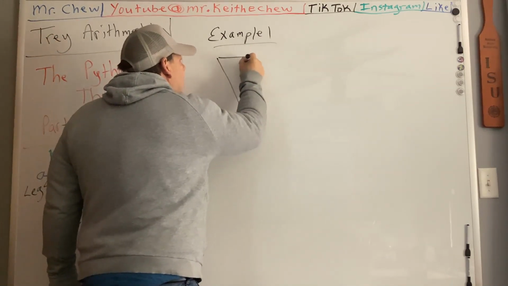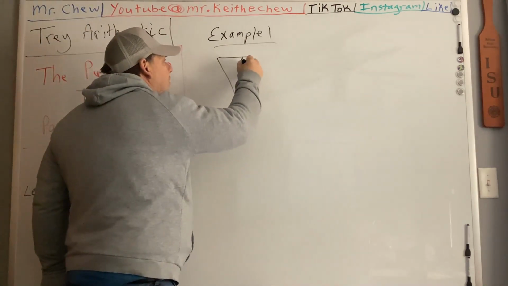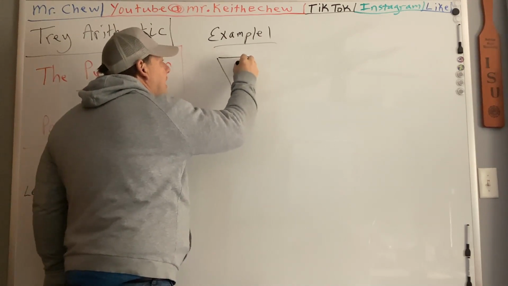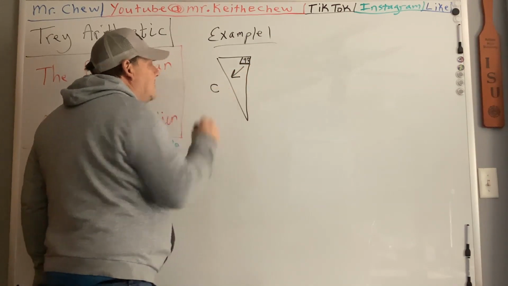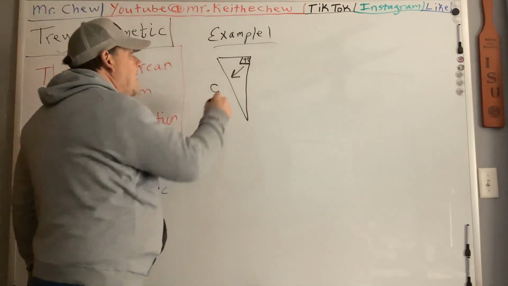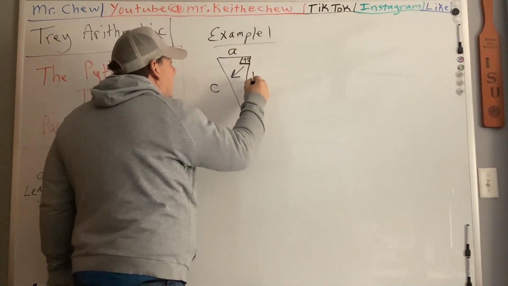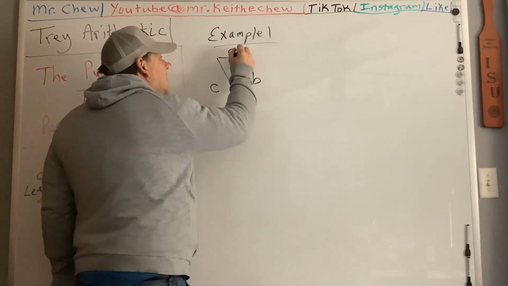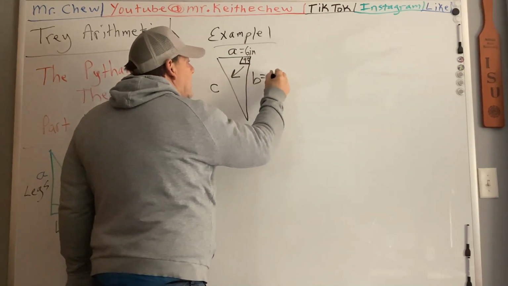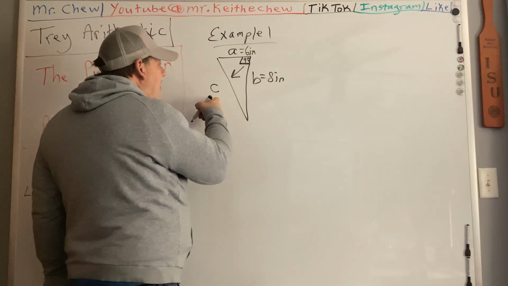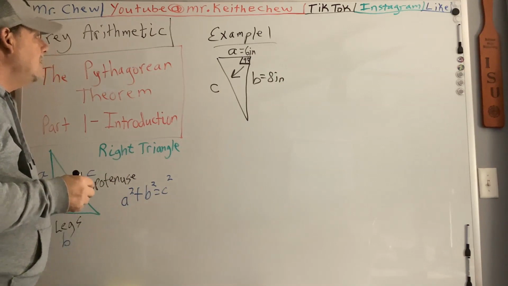Remember that the right triangle is designated with that little square, the angle that's 90 degrees, and the side opposite will always be c. These two sides, it doesn't matter which is which. I'm just going to call this one a and this one b. If I'm given that side a is 6 inches and side b is 8 inches, I can solve for c by substituting into my Pythagorean theorem.